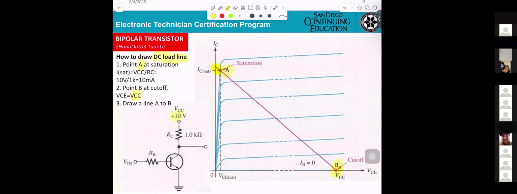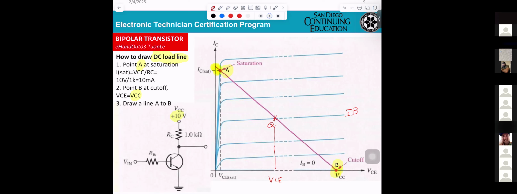So now you want to design. You say, okay, I want a Q point here. And that will be telling you current IB of the Q point going down, VCE.